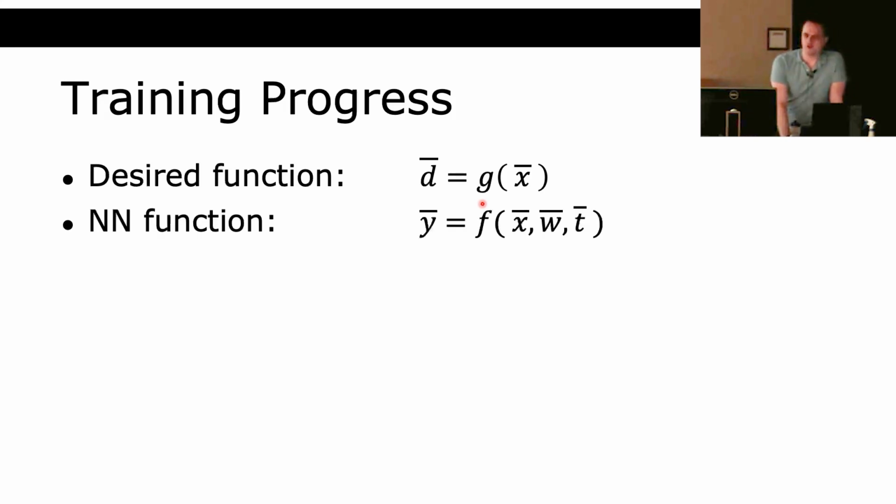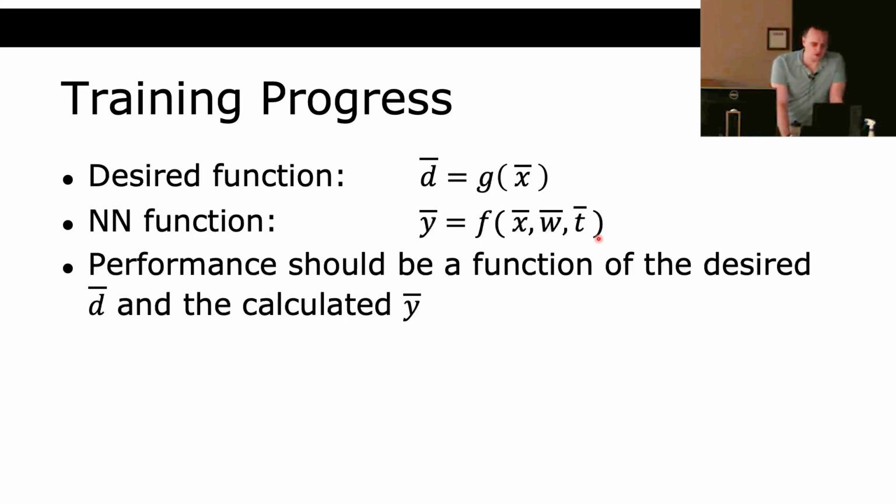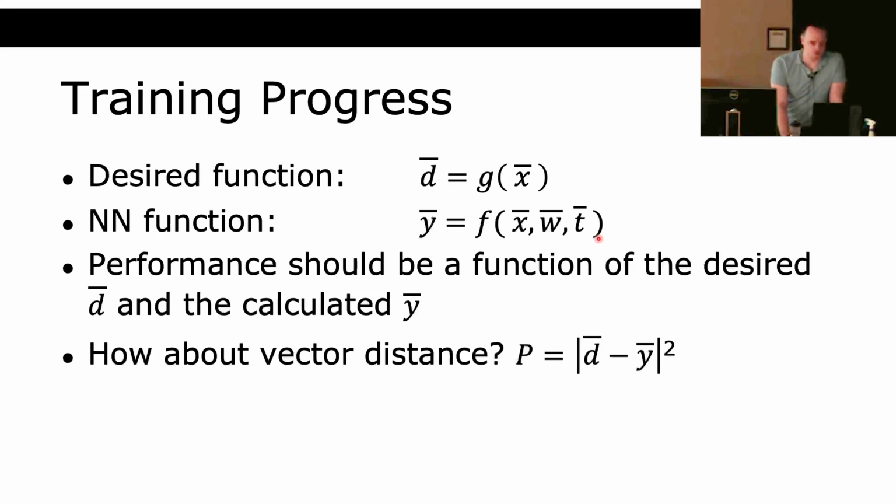But the neural net function is not just a function of inputs. It is a function of the inputs, the weights, and those thresholds that we were talking about, right? So the performance should be a function of the desired function and the calculated function.